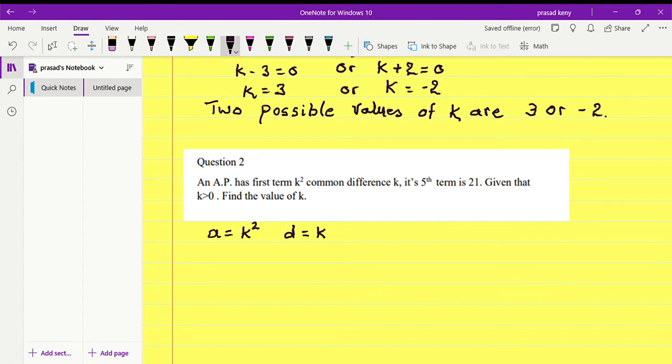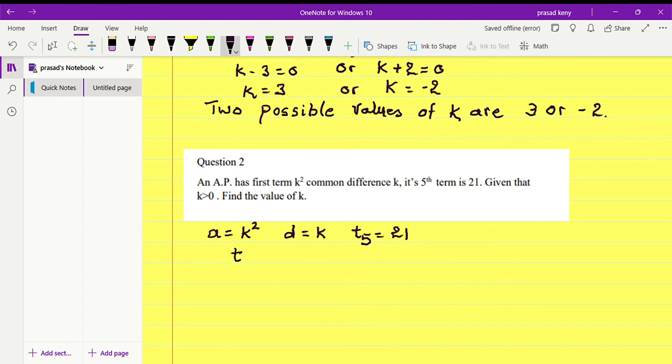And the fifth term T5 is equal to 21. Now, it is given that k is greater than 0, k is positive. Find the value of k. So here I am going to use the nth term formula.